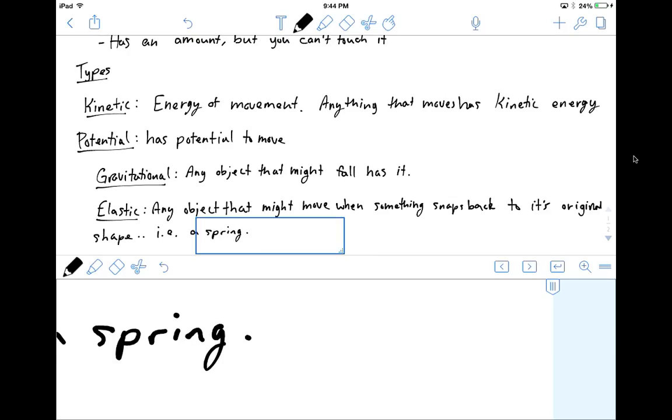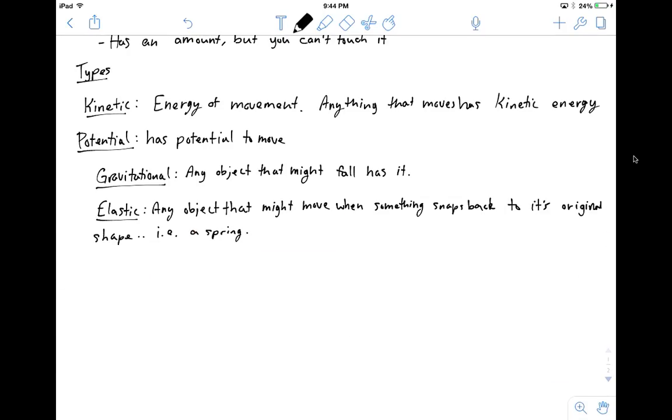If something is sitting on top of a spring that's compressed and that spring's going to snap back, then it's got elastic potential energy. It might move when you release it.